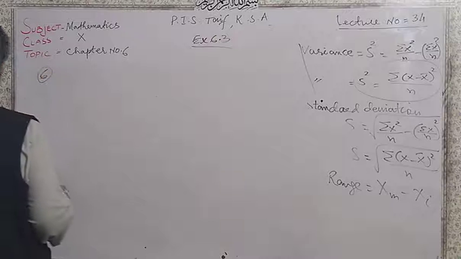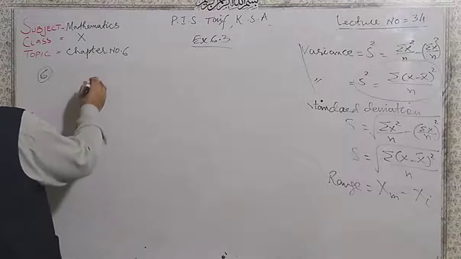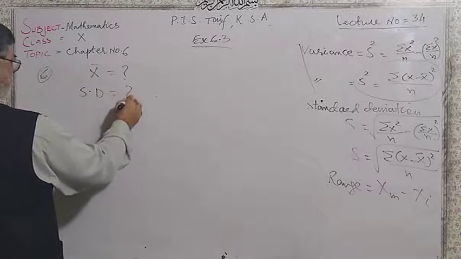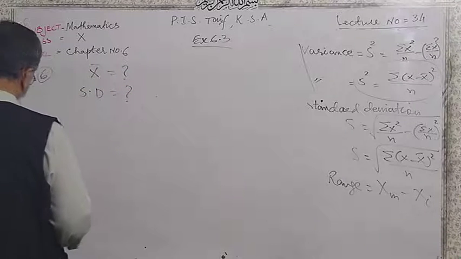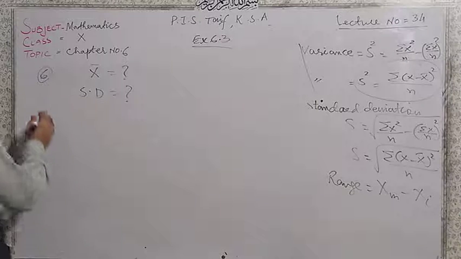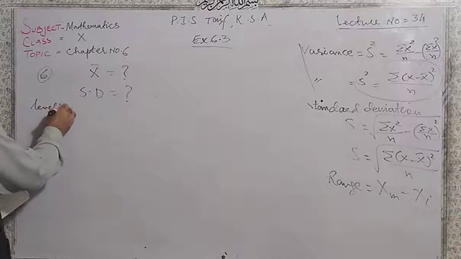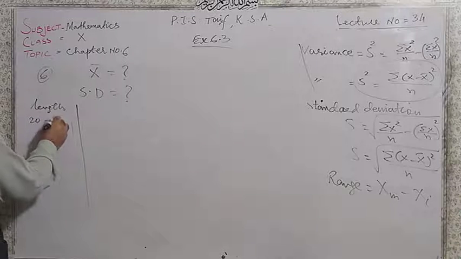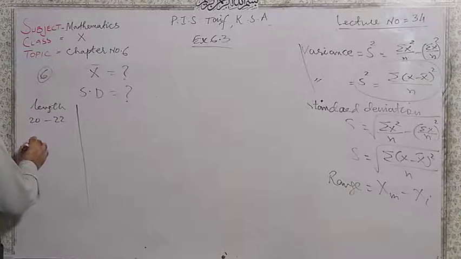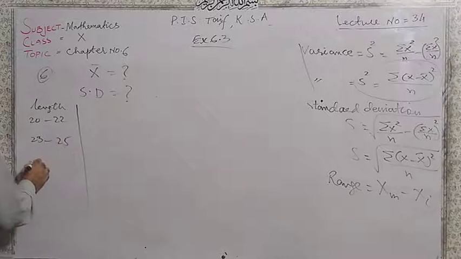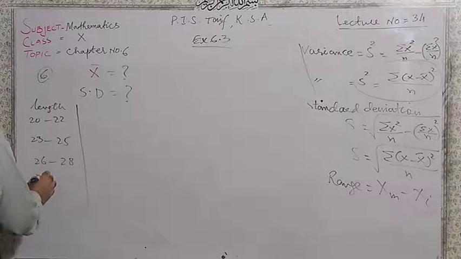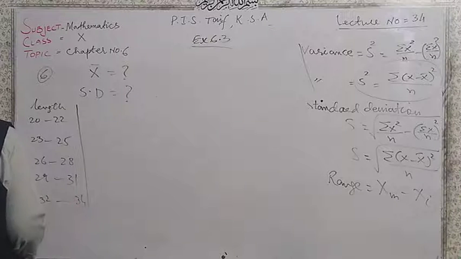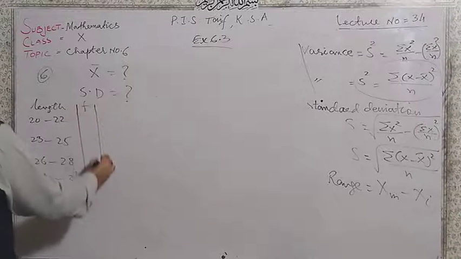You have to find the mean length x bar, then the standard deviation. Here is length: 20 to 22, 23 to 25, 26 to 28, 29 to 31, 32 to 34. And the frequency is given.